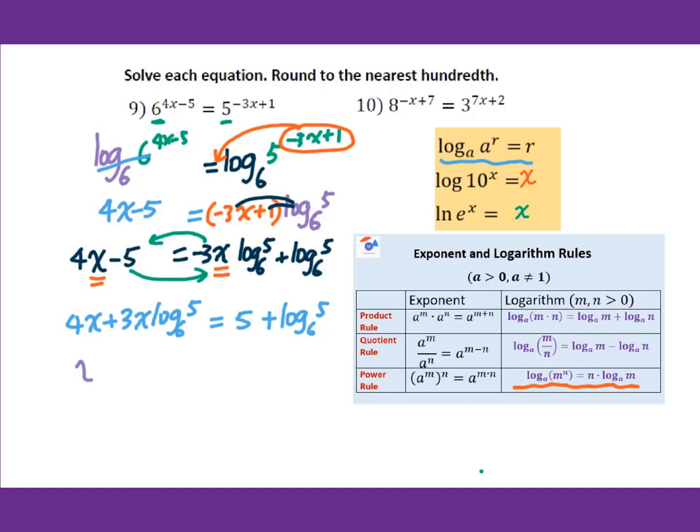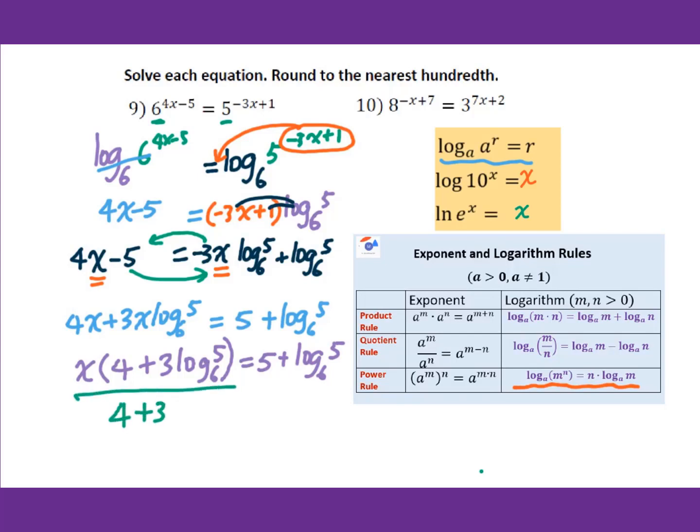Then we factor this x. We got x times 4 plus 3 log base 6 of 5 equals 5 plus log base 6 of 5. Then we divide it by 4 plus 3 log base 6 of 5 both sides.